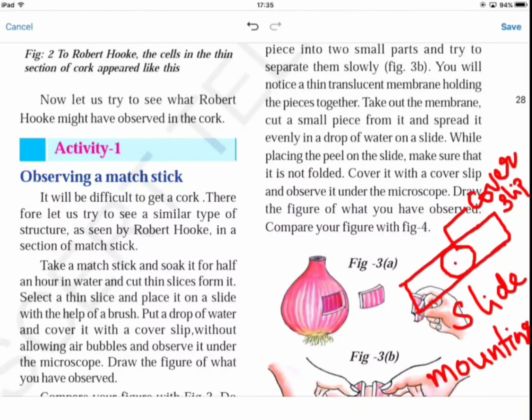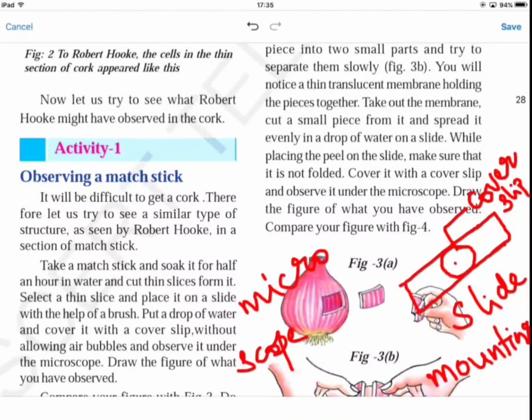What is the stage? The stage is nothing but a place where we put the slide to observe in a microscope. First, what is a microscope? A microscope is an instrument which is used to observe minute things with the help of a magnifying lens.